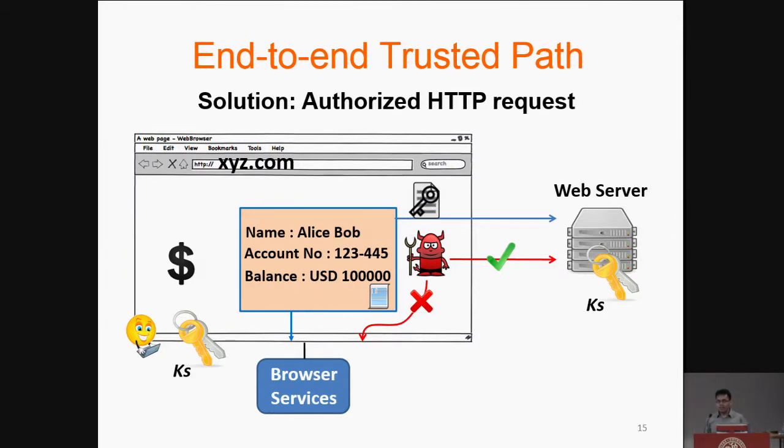And this HTTP request with this secret token will be sent to the web server, and the web server can easily validate whether this HTTP request is authentic or not. And since the malicious script doesn't have access to this secret token T, its request will be dropped by the web server.